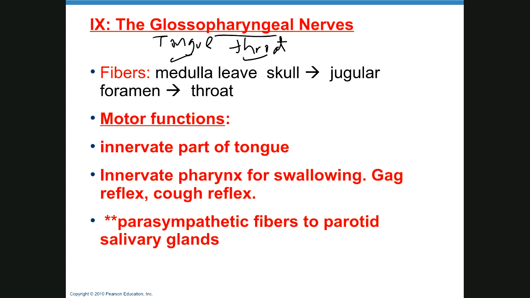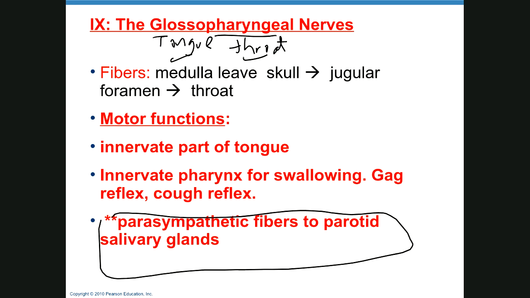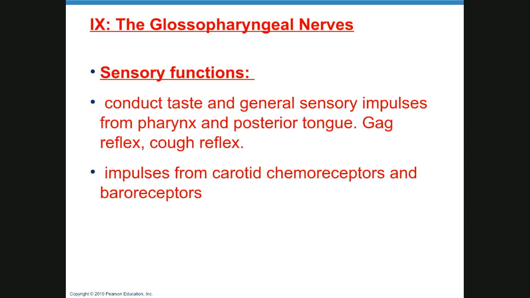It is a parasympathetic nerve. So in this case, the autonomic motor function will be going to the salivary gland, specifically the parotid salivary gland, which is the largest of the salivary glands. Sensory function, it conducts taste information, and then it also conducts sensory information from interoreceptors in the carotid and from the carotid artery. And this is the piece of the nerve that's going to come back next semester over and over again.